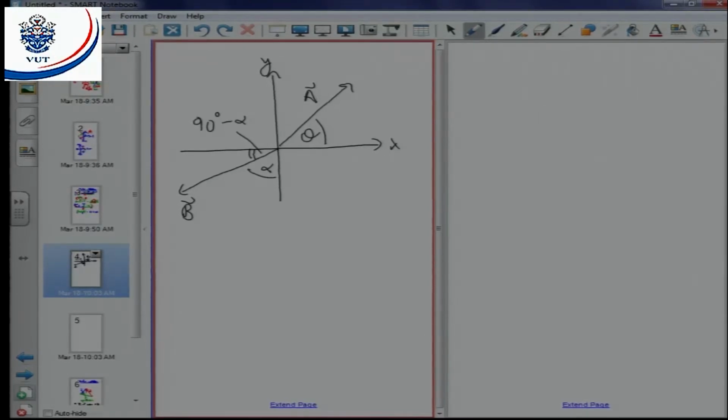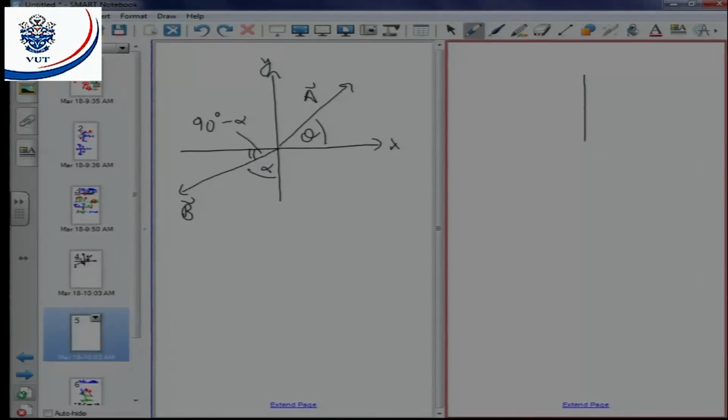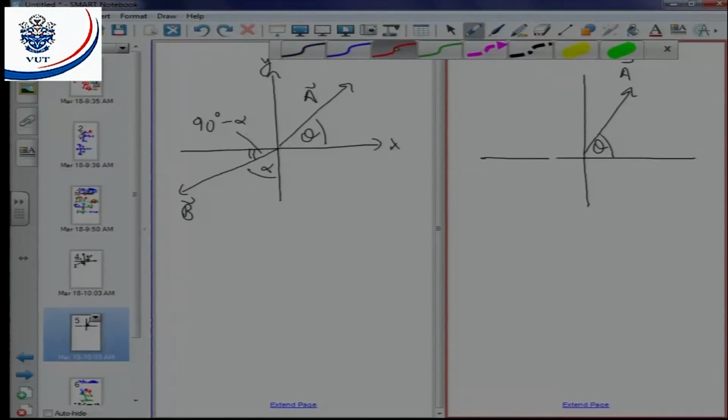So then what is A minus B? I draw the same thing. There's my A, and the angle that it forms is theta. And then now I need to draw B. Remember that B was directed like that.